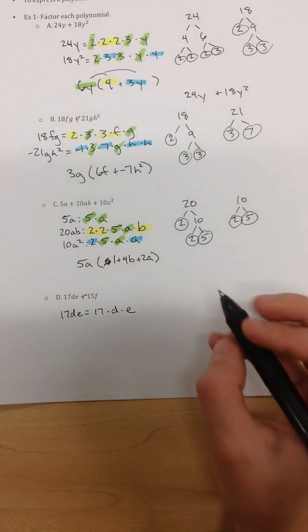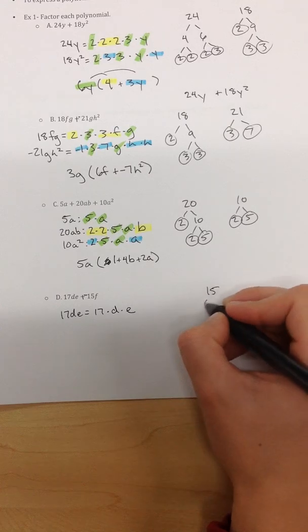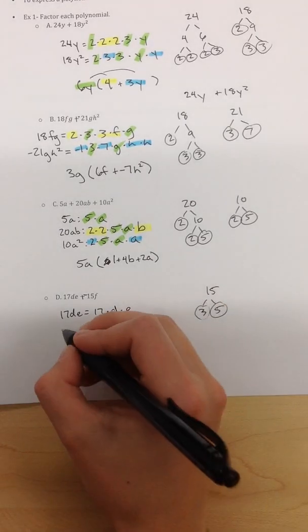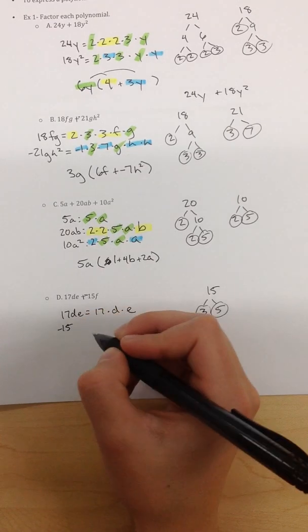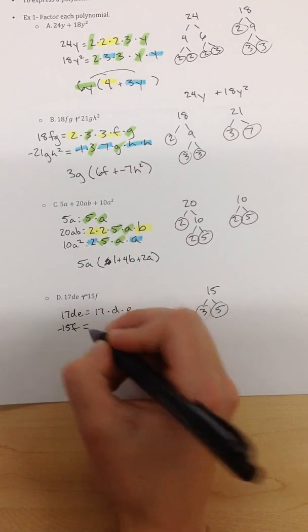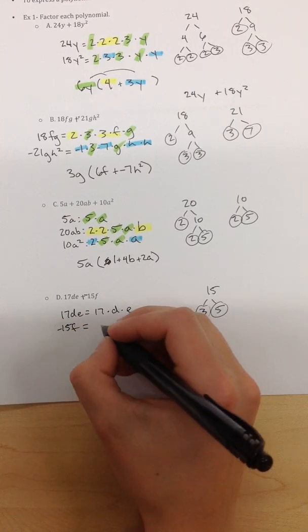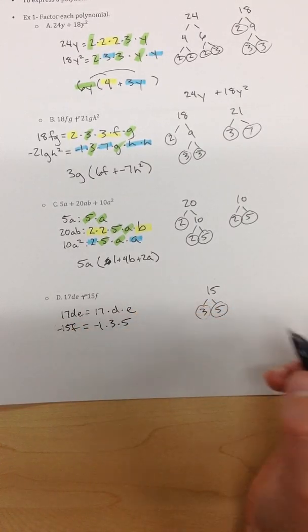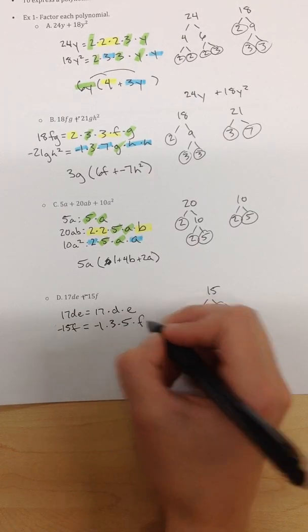And then negative 15: 15 can break down into 3 and 5, both of which are prime. So negative 15f could break into negative 1 times 3 times 5, times f.